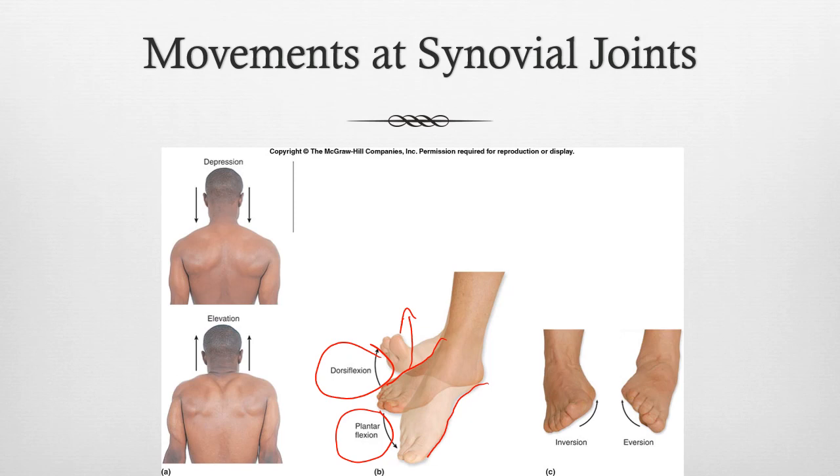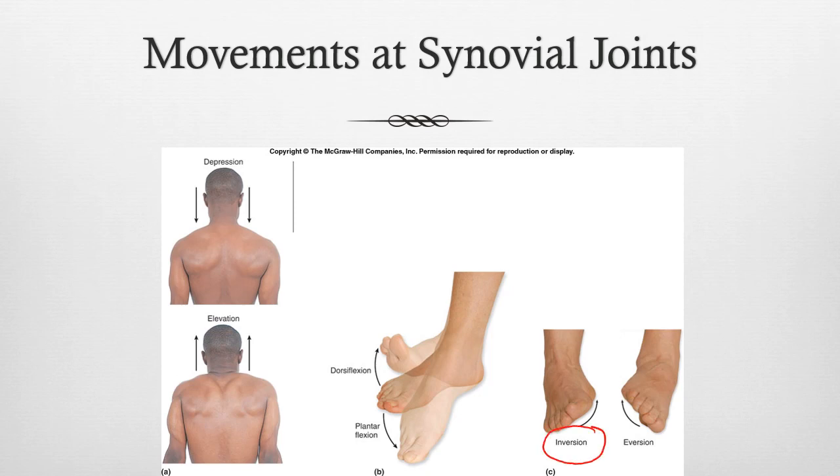The ankle can also do a series of movements in terms of rolling it inward and rolling it outward. This gives us either inversion or eversion. When somebody sprains their ankle, what we generally think of as a sprained ankle is an inversion sprain.